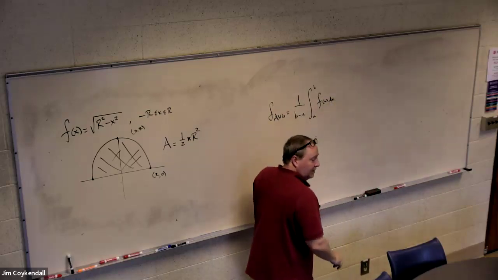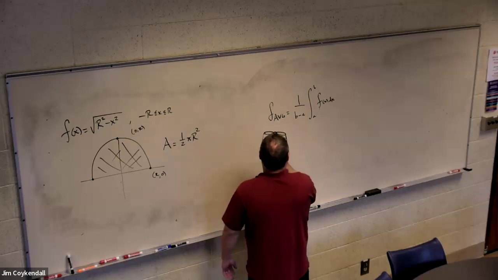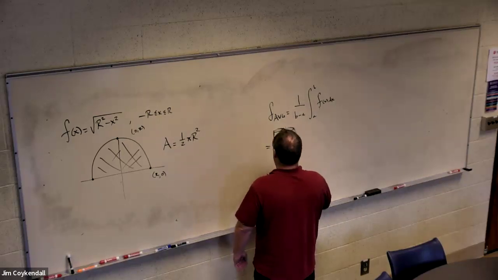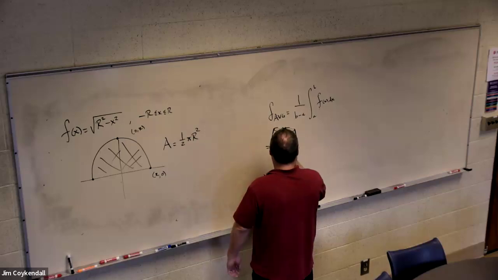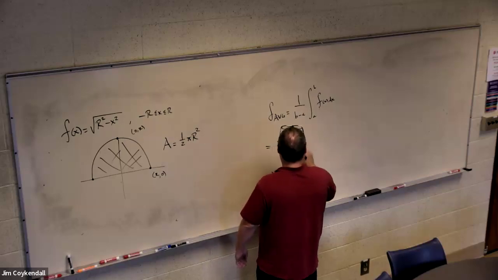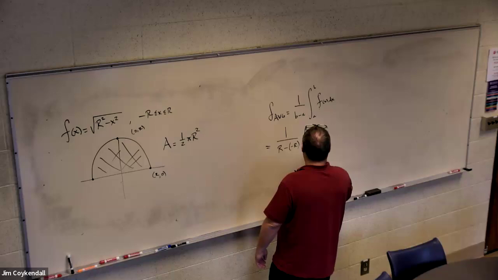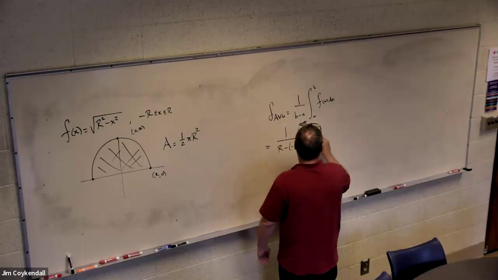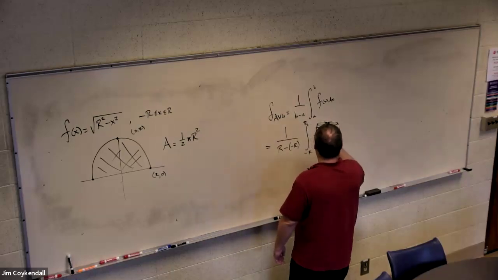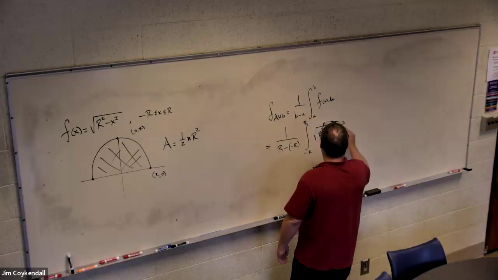So for our particular case, it's 1 over R minus R, n with minus R, square root of R squared.